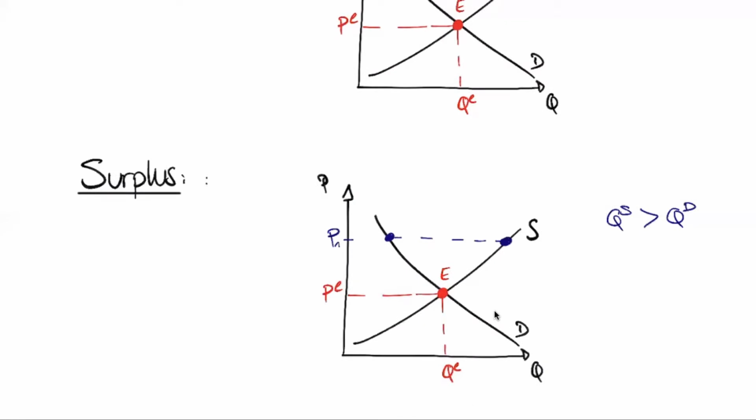And we talked about surpluses, if you remember. Surpluses happen when the price is higher than the equilibrium price. In that case, we see here that the quantity demanded is lower than the quantity supplied, and so it leads to a surplus, which is equal to the difference between these two quantities.